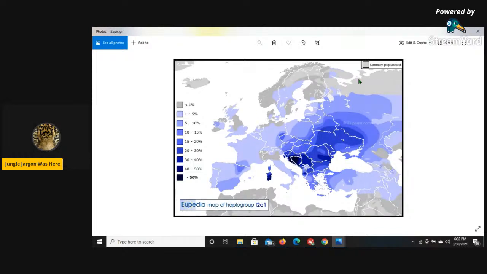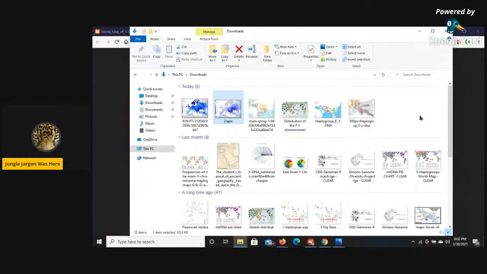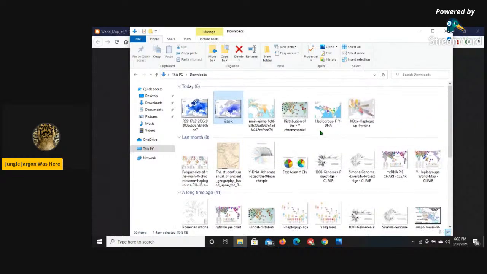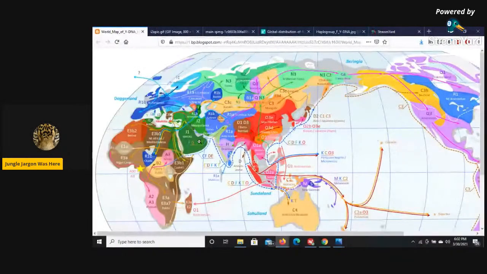I don't even have, or do I? See if I have the Judaic distribution charts, but that should be easy to find. You can just go here for that matter. We can see the J1 is the Arabic population, the J2 is the Judaic population, and it's all, of course, all through here, the J2 as well.